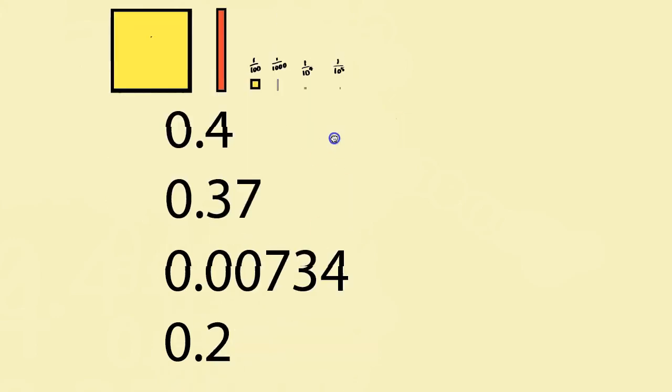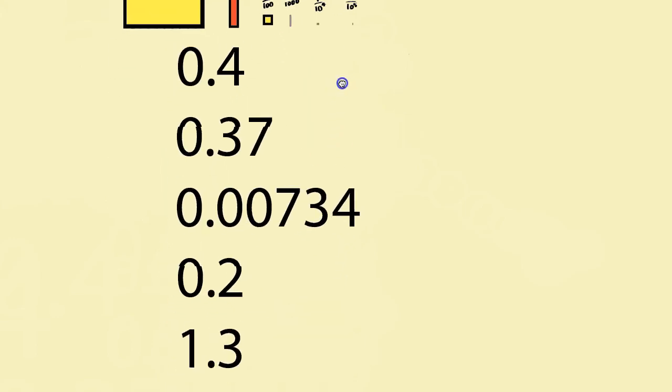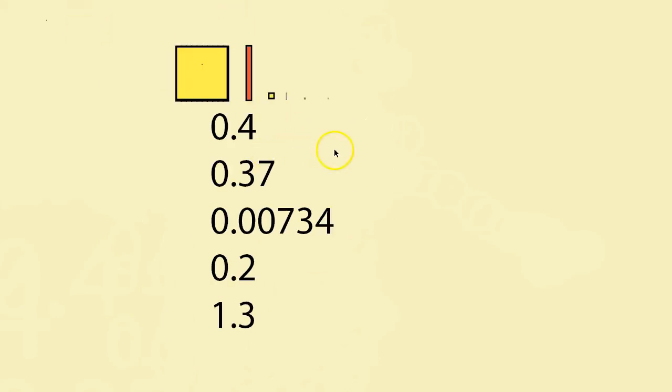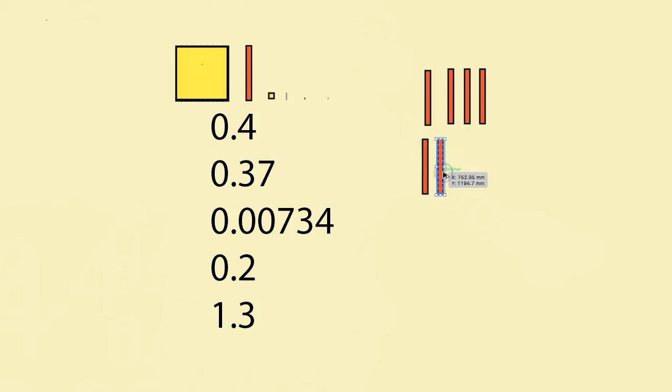So what does that tell us about the size of these numbers? Well, that 4 represents 4 tenths. 0.37 is 3 tenths, and then 7 hundredths.